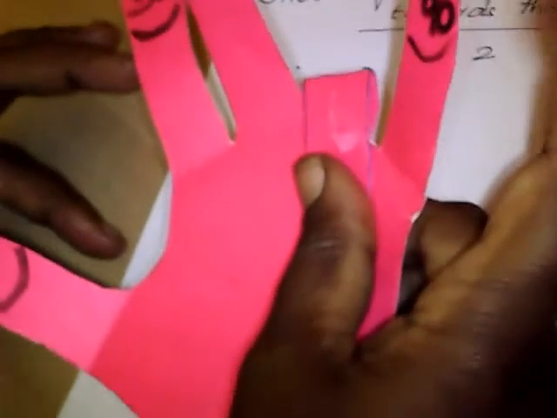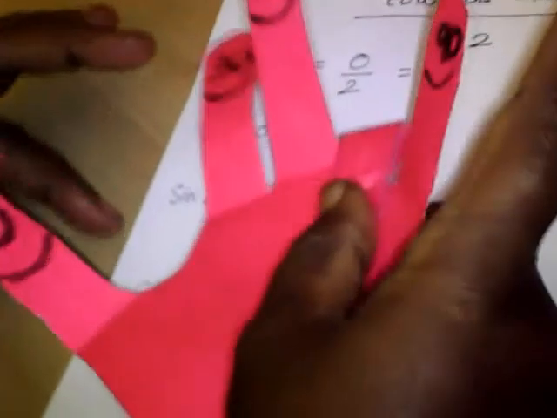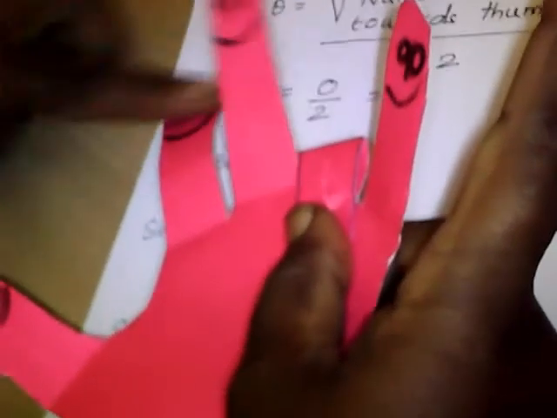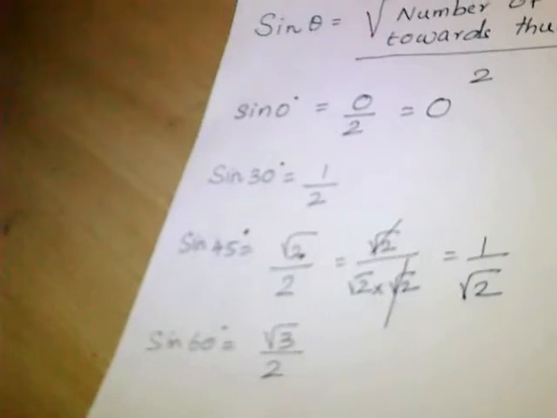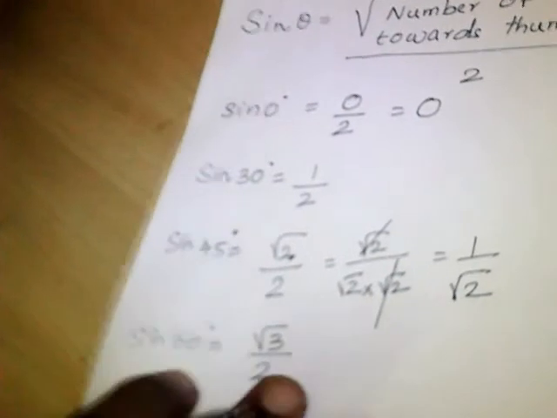Using that concept, I am folding 60 degree. Can you tell me how many fingers are towards the thumb? 3 fingers. So what am I doing? Root 3 by 2. So sin 60 degree is root 3 by 2.